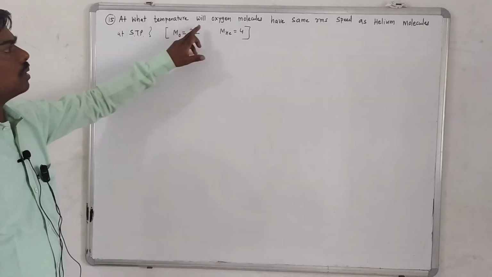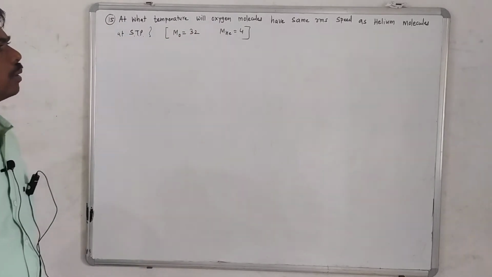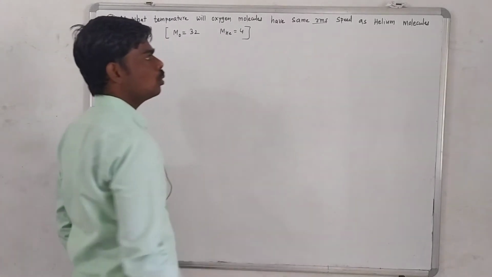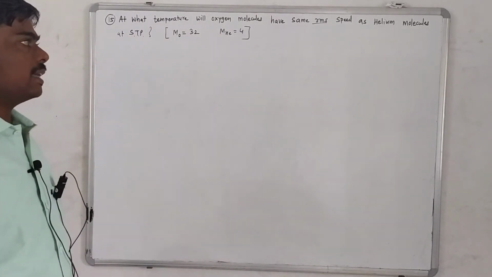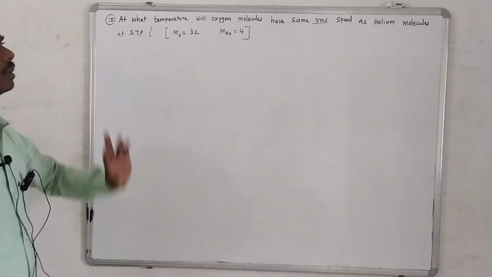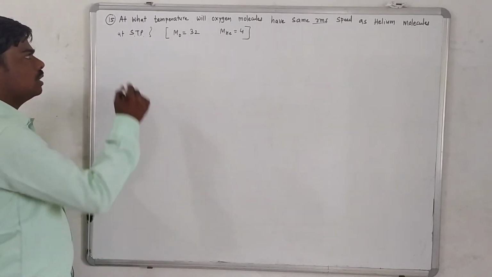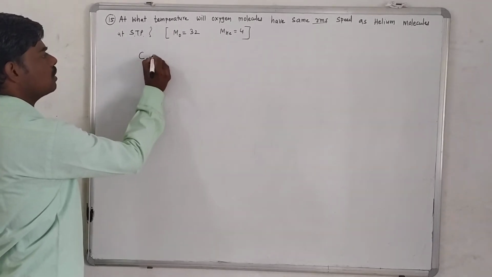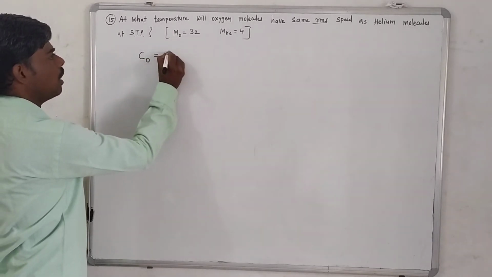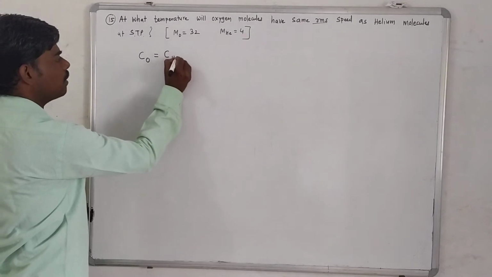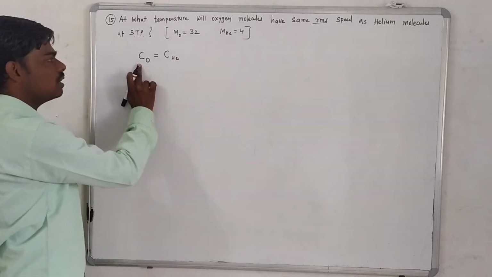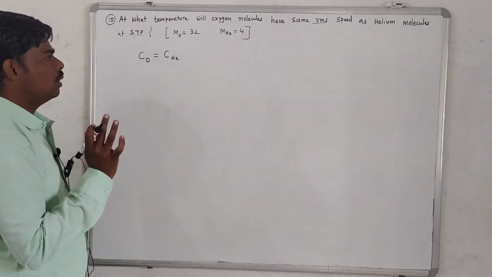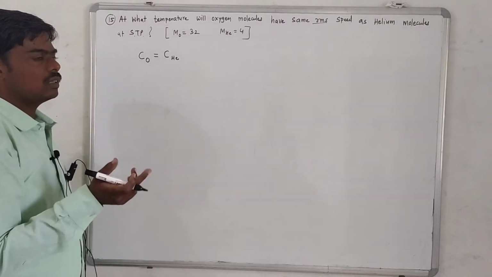This is problem number 15. At what temperature will an oxygen molecule have the same RMS speed, RMS meaning root mean square speed, as a helium molecule at STP? It is given in the problem that the RMS velocity of oxygen is exactly equal to the RMS velocity of helium, but at what temperature this condition takes place, that we have to find out. So what is the formula for RMS velocity?